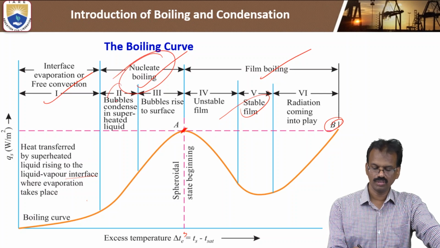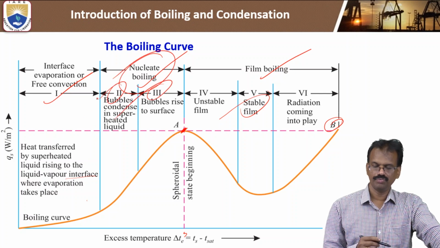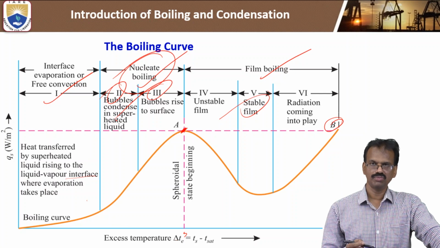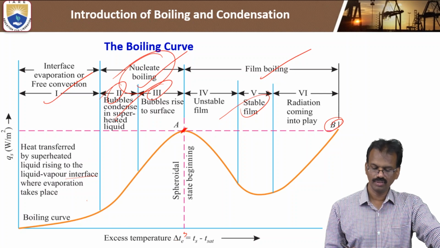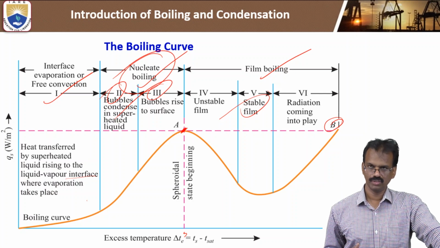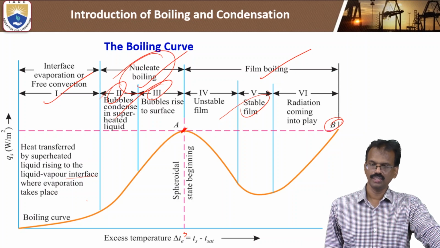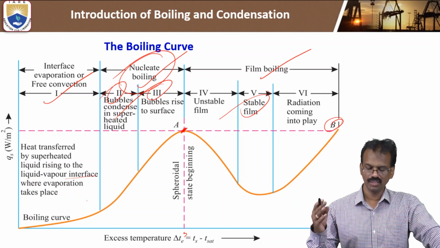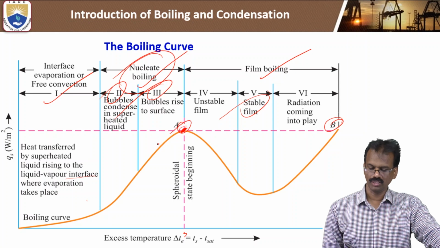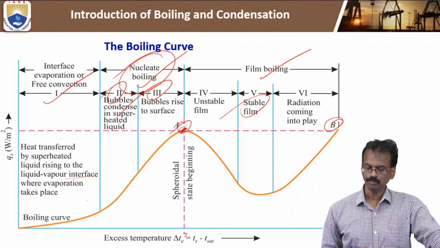It has two phases, phase 2 and phase 3. In phase 2, due to less excess temperature, bubbles form and then condense back to liquid. In the third phase, bubbles form and rise to the surface. Due to this rising, the heat transfer rate increases. It means heat flux will reach a maximum point. That is called the critical heat flux point.